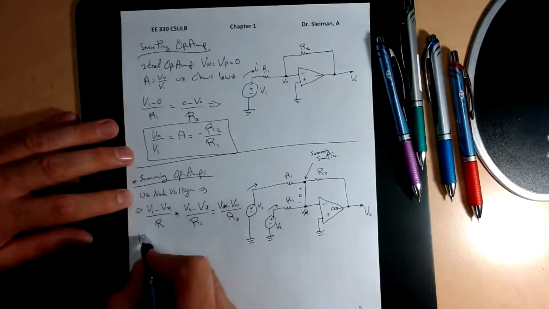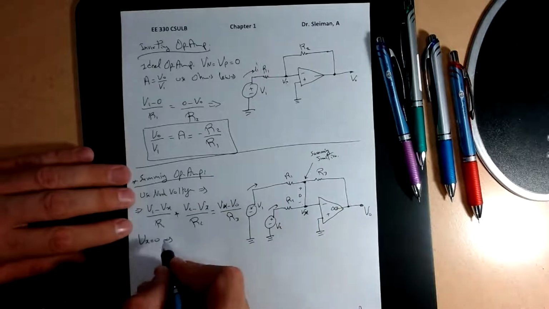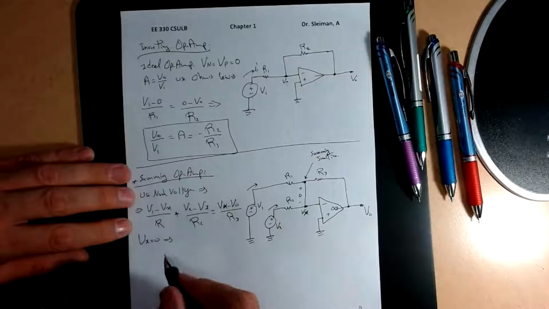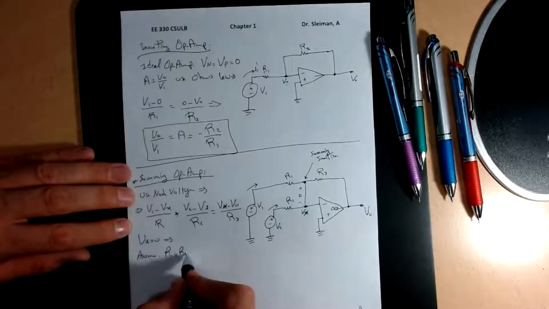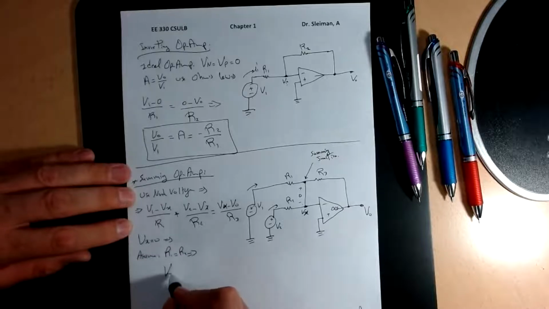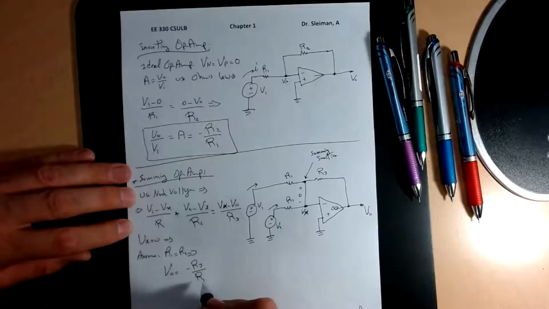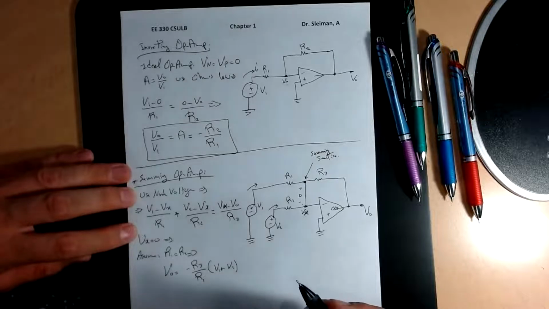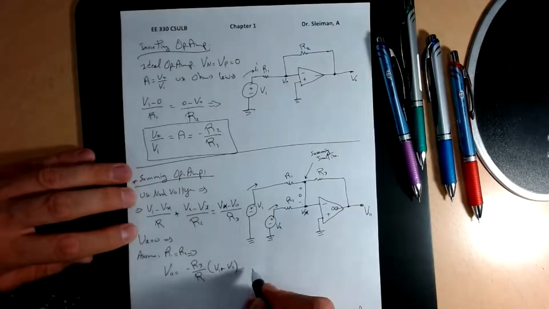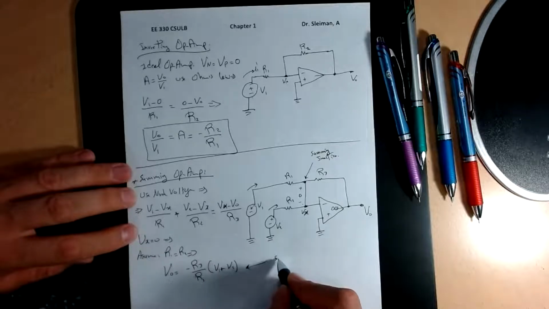Knowing that Vx is equal to 0, and assuming R1 is equal to R2, solving for V0 gives negative R3 divided by R1 times V1 plus V2. This is the equation for the output voltage for the summing amplifier.